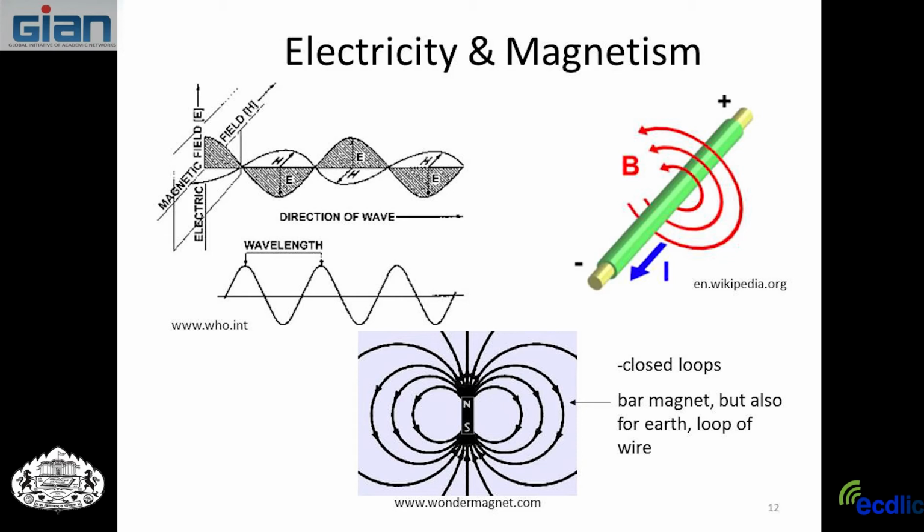If you have a current running through a wire, you'll have a magnetic field going around it perpendicularly. Down at the bottom shows a magnet, and if you have a magnet with a north and a south pole, these are how the magnetic loops work around these magnets. So you can see here that a field is generated around the magnet with the poles.